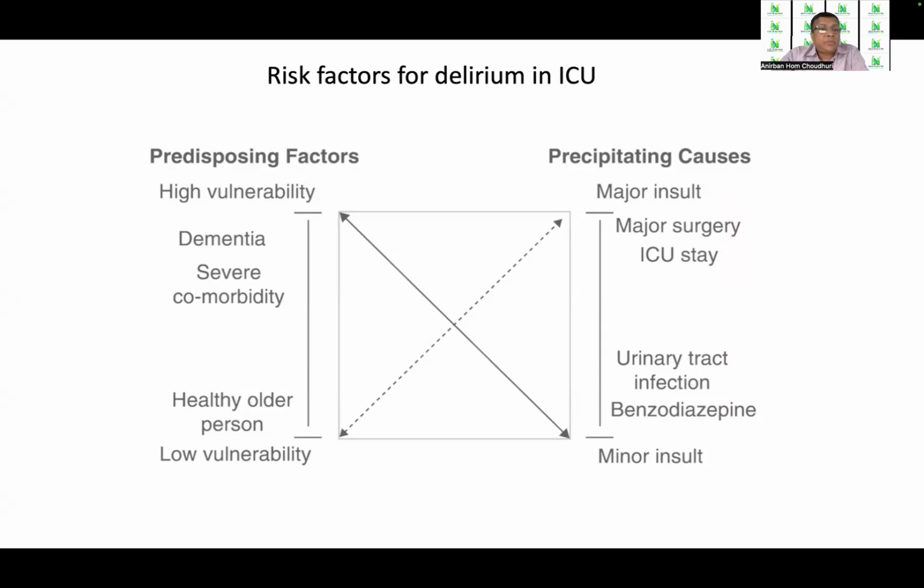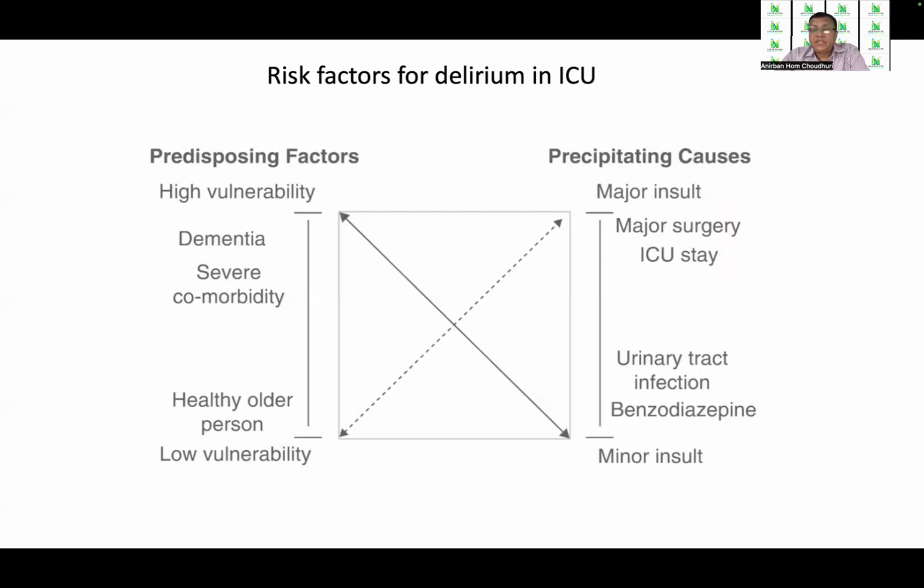With consideration to the predisposing factors, pre-existing dementia and severe comorbidity have high vulnerability, and a healthy older person has a low vulnerability in terms of predisposing factors.